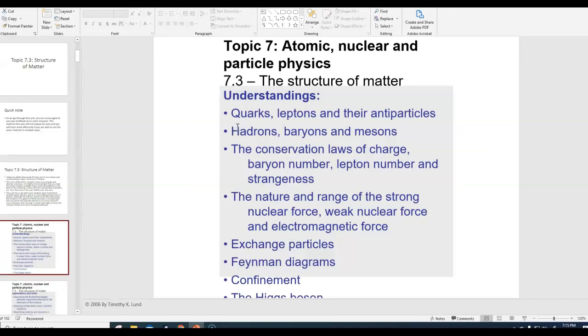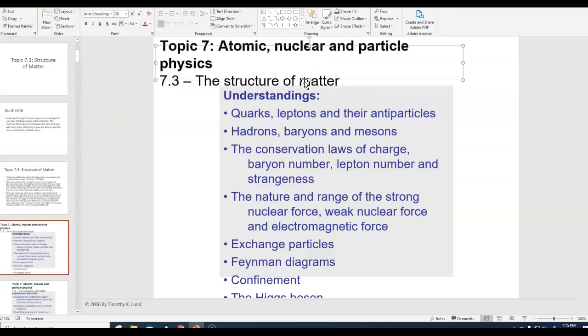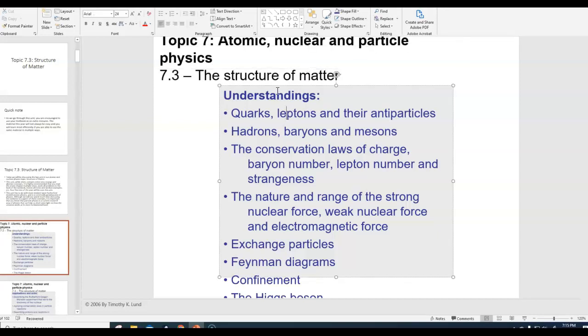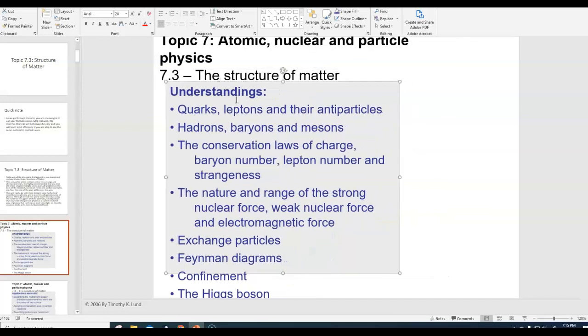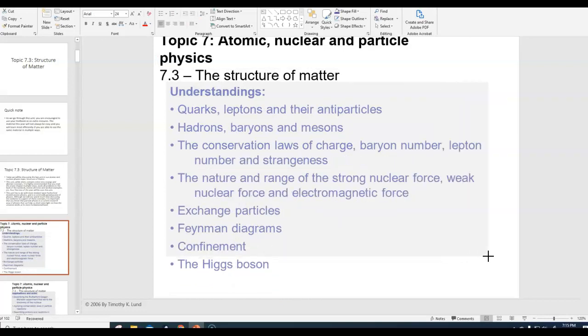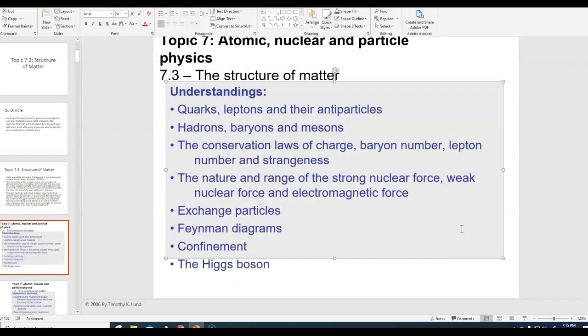Okay, so just to give you a taste for some of the things we will be talking about in 7.3, we are going to talk about quarks, leptons, and their antiparticles. If those words don't mean anything to you, they will later on. We're going to talk about hadrons, baryons, and mesons. As we'll see later, baryons and mesons are types of particles called hadrons. We'll be talking about new conservation laws: the conservation of charge, the conservation of baryon number, lepton number, and something called strangeness.